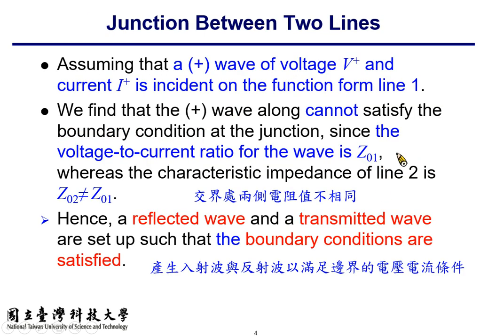Oftentimes in the design of microwave circuits, we will devise some technique to match the impedance of different sections, even though we cannot actually change the input or output impedance of different components or devices. We can use the so-called matching circuits.